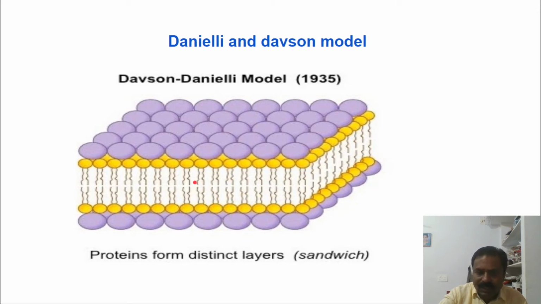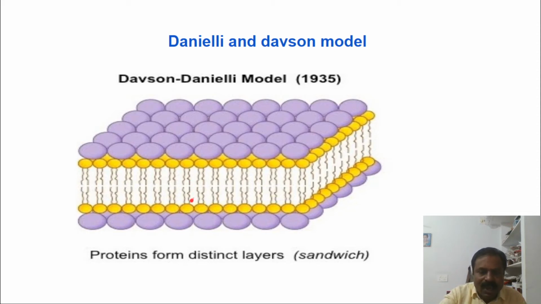In one row, the lipid molecule has one rounded head. This is hydrophilic, which attracts the water, and this is the tail region. This is hydrophobic, which repels the water.